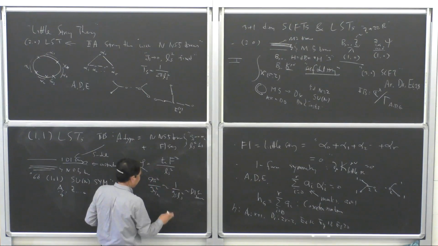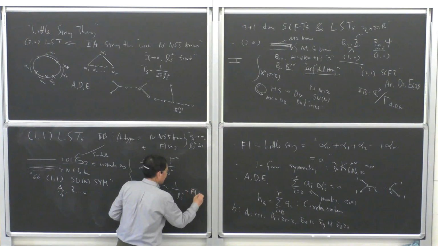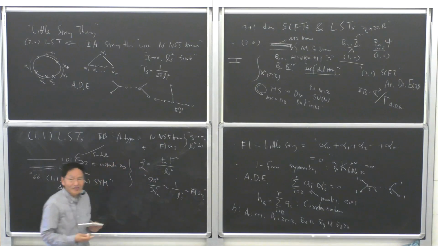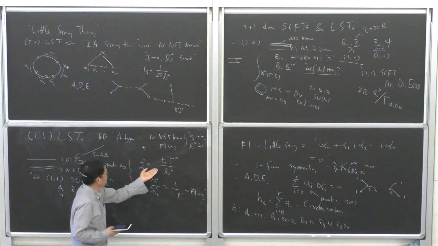So it's l_s square, and the l_s square is then the fundamental string tension. So on NS5 branes in 2B string theory, low energy physics is given in terms of 6D 1,1 Yang-Mills theory, and the instanton string is the fundamental string, and you identify the coupling constant as 1 over l_s square.